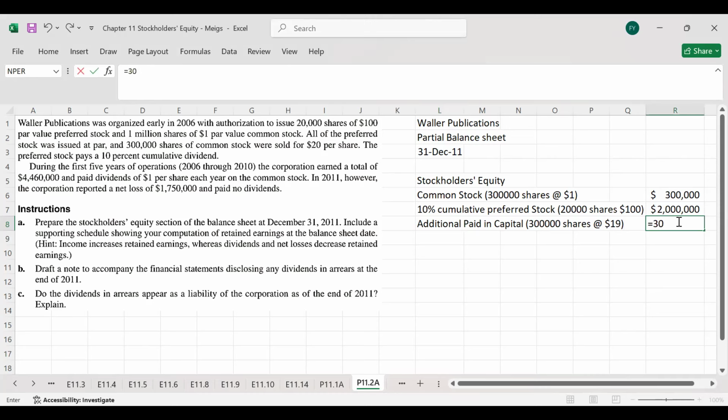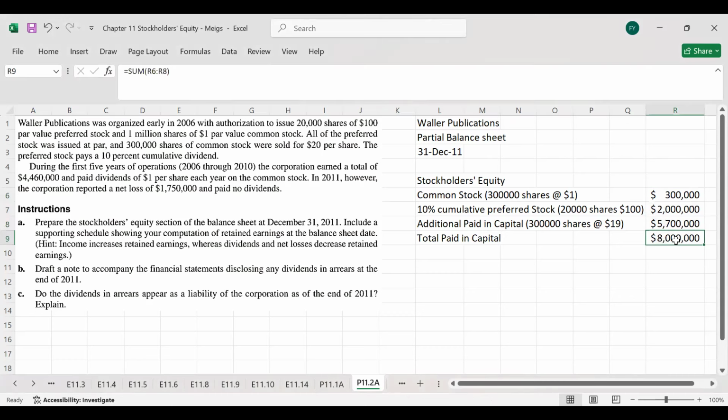So 300,000 multiplied by 19. This is your additional paid in capital. The total paid in capital would be, by adding all these three, we get 8 million.